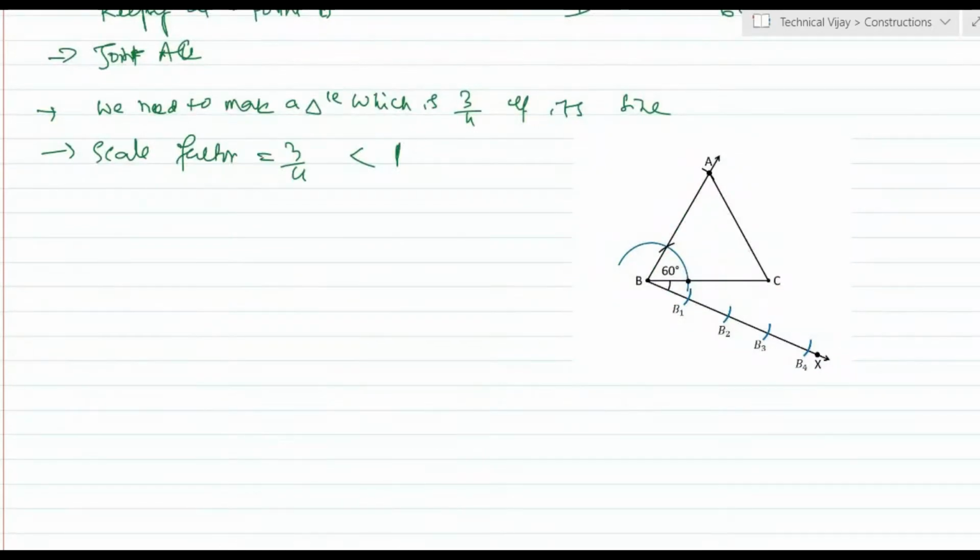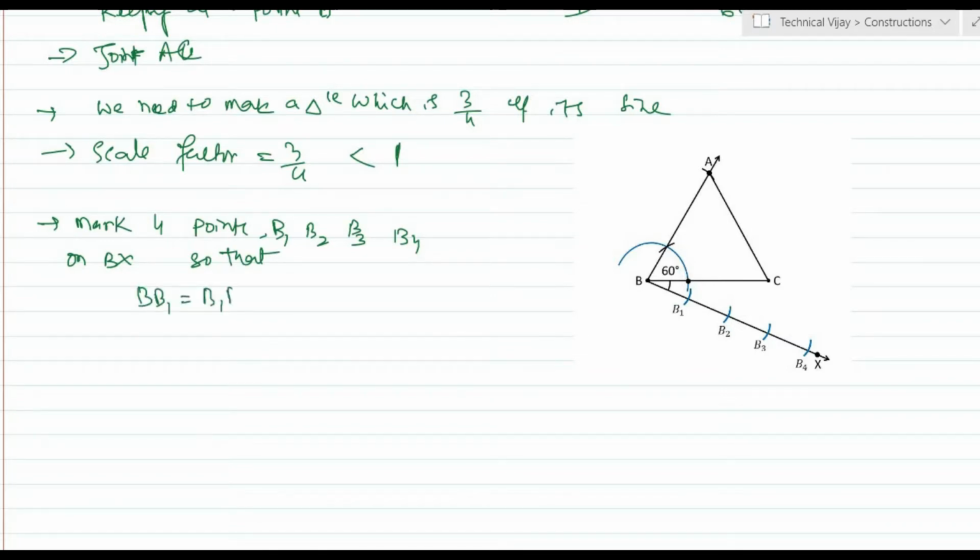So the next step will be to mark 4 points, that is B1, B2, B3, B4 on the ray BX. The marking should be such that B1B2 is equal to B2B3, which is equal to B3B4. Like this we have to make equal portions.